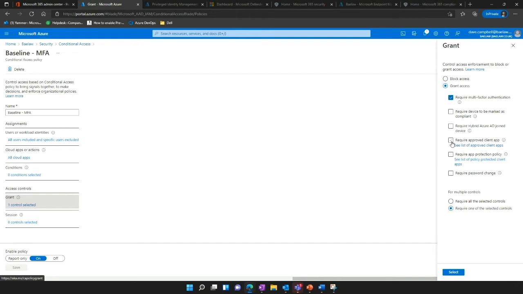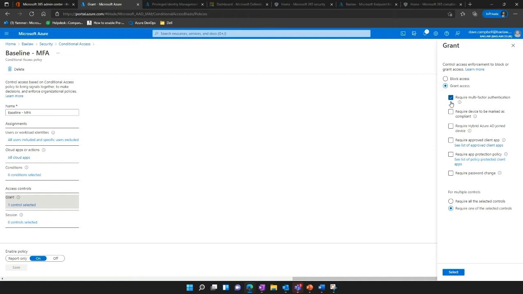And there are other things that you can do here. If you're using Endpoint Manager, which I'll touch on a little bit later, requiring that the device is compliant with Endpoint Manager before it can come in and authenticate is a key one to start thinking about. The compliance of the device is all about: does it have the right password policy applied to it? Does it have antivirus software applied, and is it up to date?